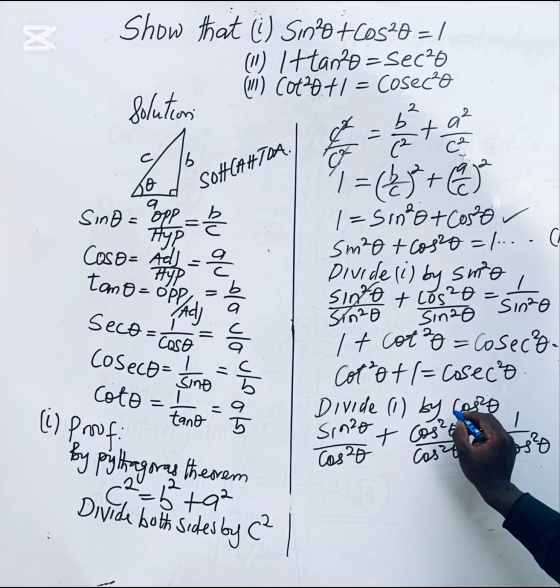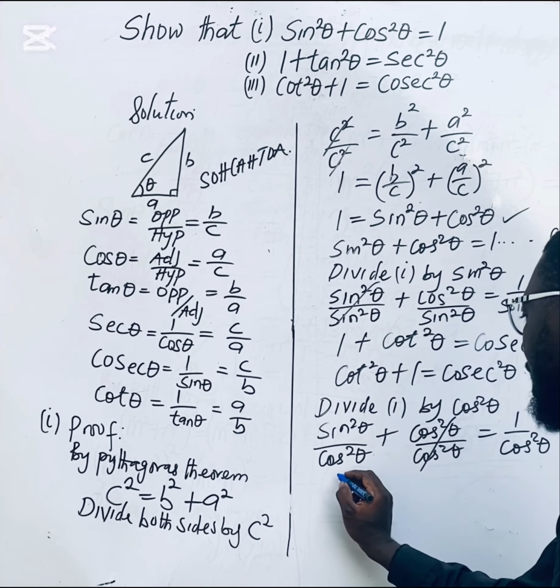Okay? So this will go off, all right? So we have sine theta over cos theta is tan. So you have tan square theta because of the square plus 1.